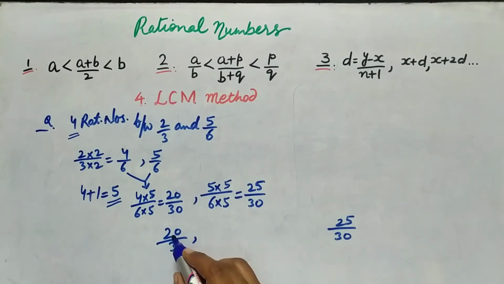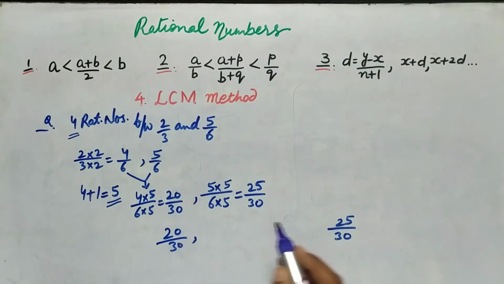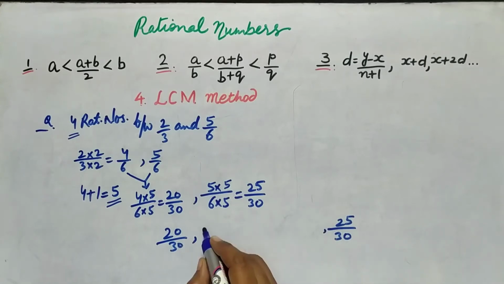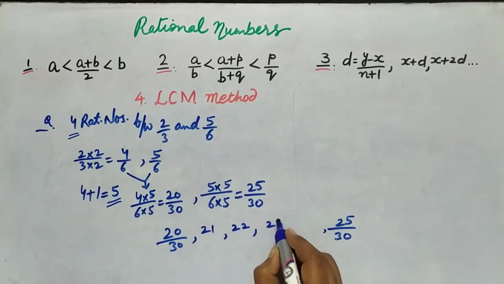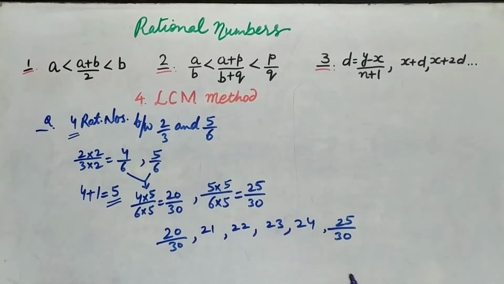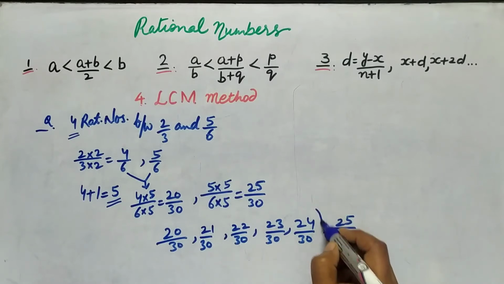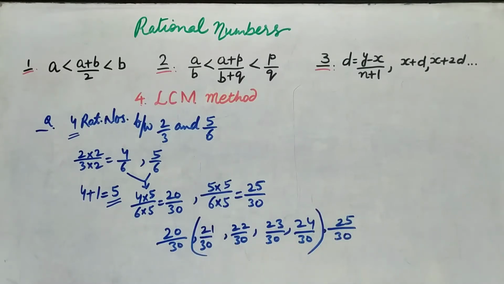Now we write the numbers between 20 and 25. They are 21, 22, 23, 24, and the denominator is the same, upon 30. These are the four numbers we have found between these two numbers.